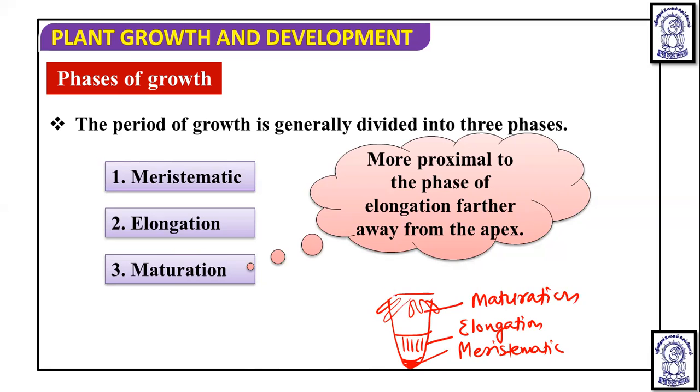Now this is nearby the base, so it is the proximal end, and this is the distal end. So you can see this maturation is proximal to the elongation, and elongation is proximal to the meristematic, and in such a way the arrangement of all three zones is observed.